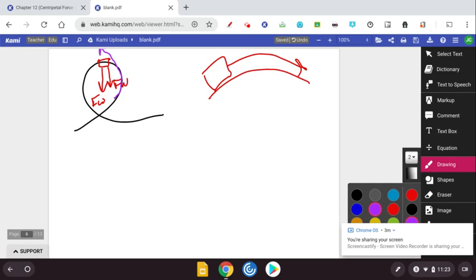And those two things added together are what we ultimately call our centripetal force. The centripetal force is going to be the sum of those two things. And so at the top, the centripetal force is going to equal the weight downward plus the normal force downward.